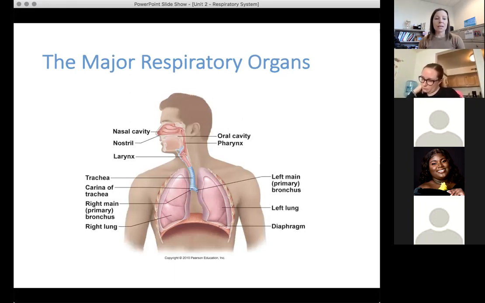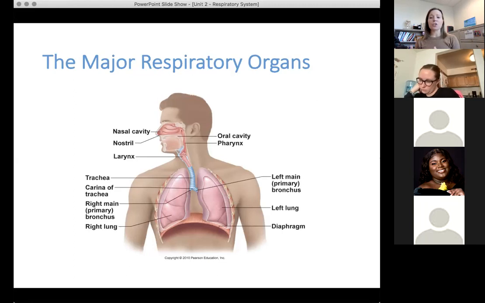And these respiratory structures are divided based on their location or structure and based on their function. So structurally, we have the upper respiratory tract and the lower respiratory tract. And then functionally, there's the conducting division, which is all the tubes and cavities that move air in and out of the lungs.